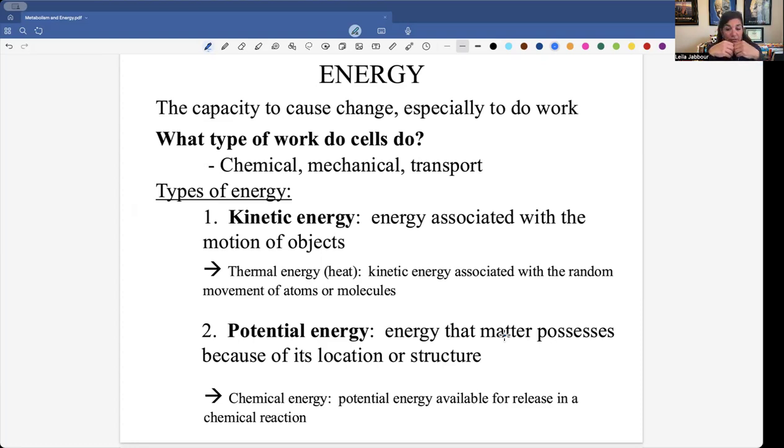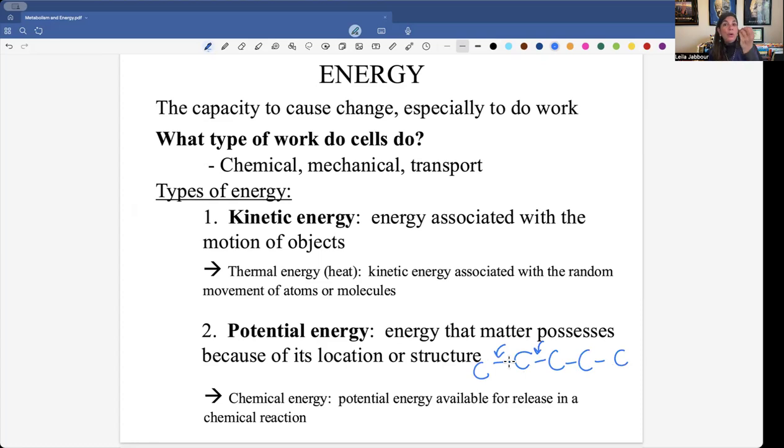Potential energy, on the other hand, is the energy that's kind of like stored inside something. The definition here: energy that matter possesses because of its location or structure. So, for example, a large molecule of carbons all linked together, every one of these bonds is holding energy in it.